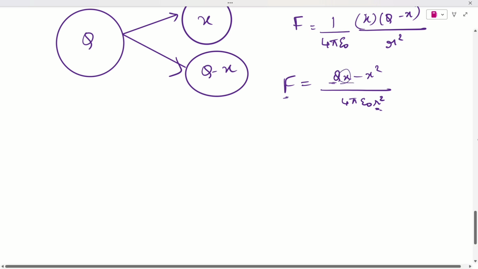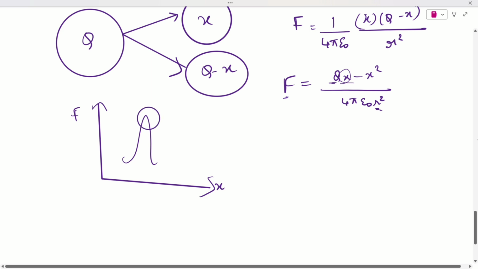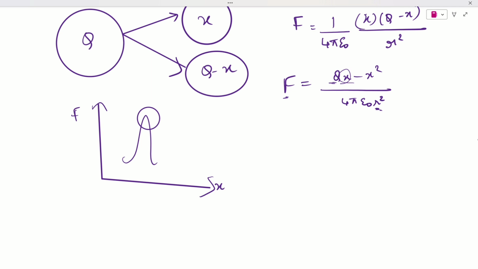So let's say I am plotting my force with respect to x and I am getting something like this. This is the maximum, right? Now what special characteristic does this maximum point have?